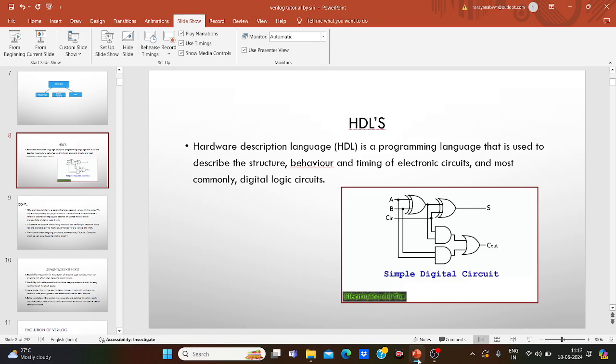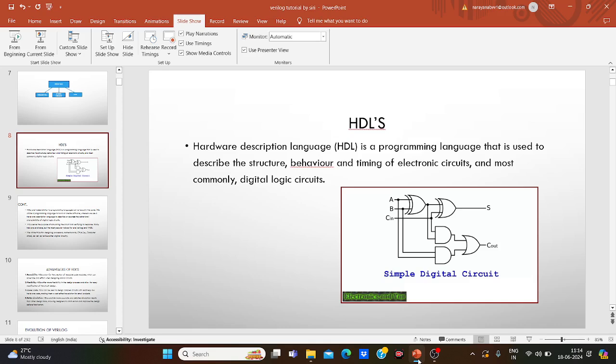HDL is basically a programming language used to describe the structure, behavior and timing of the electronic circuit that you are using. Whatever circuit you are designing, you put that entire circuit in coding format. In simple language, we call HDL a textual writing of the hardware.